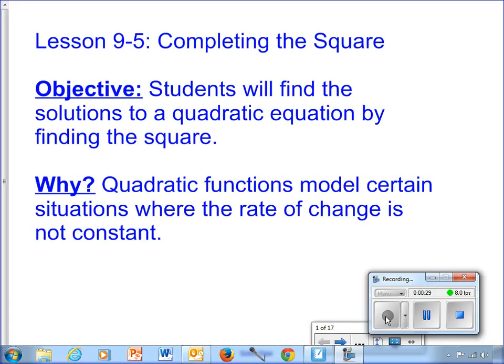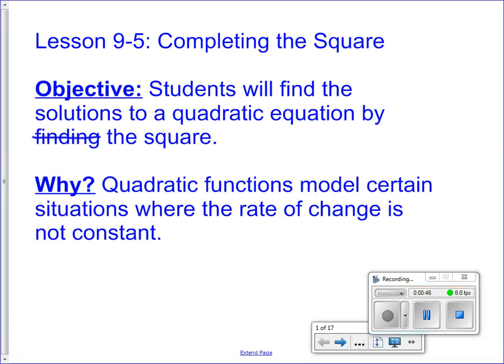In the previous lesson, it was by factoring a quadratic equation, but not all quadratic equations can be factored. So the other two methods, we're going to do one today, and I'm going to go ahead and cross this out because it is called completing the square.